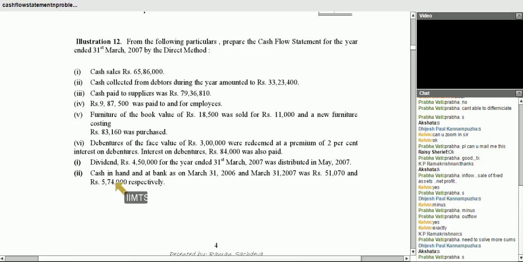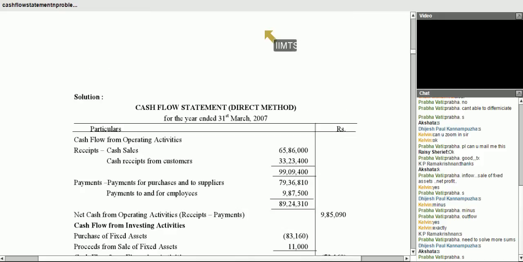And last one, cash in hand and at bank as on March 31st 2006 and March 31st 2007 was rupees 51,070 and 5,74,000 respectively. Clear? So this is the information given. Now we have to prepare a cash flow statement.